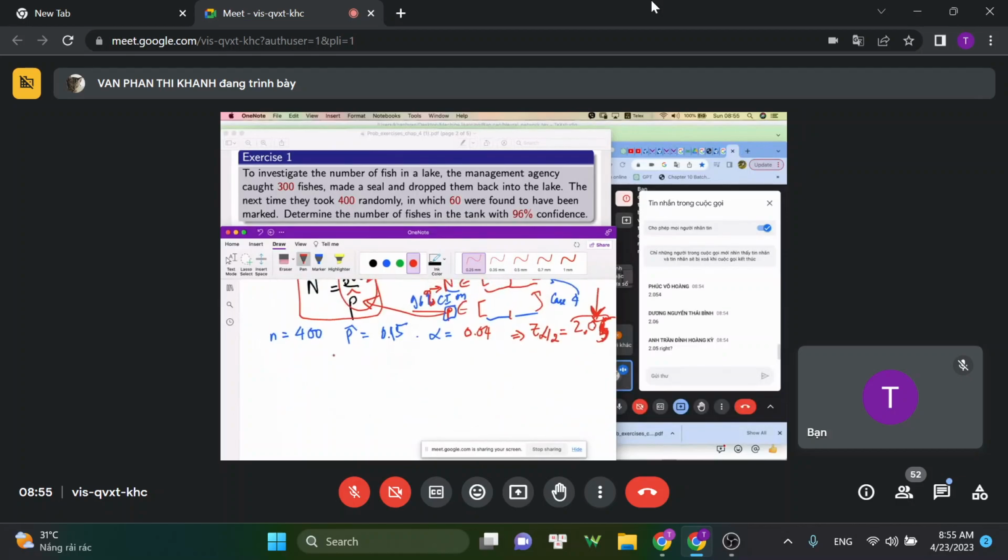So what is E? It is z alpha over 2 times the square root of p hat times 1 minus p hat over n. So please tell me your answer.